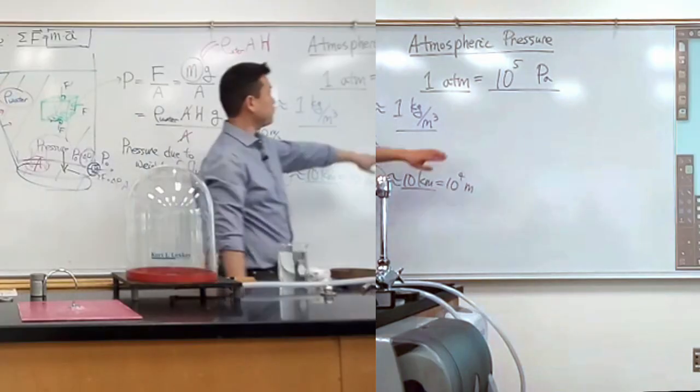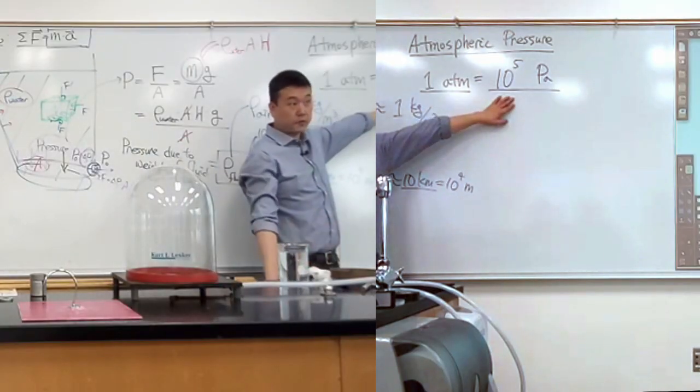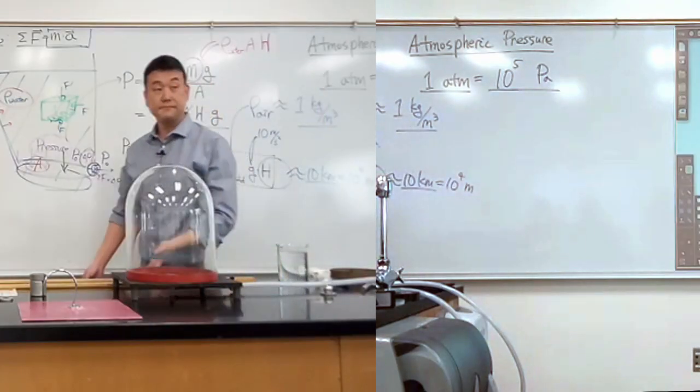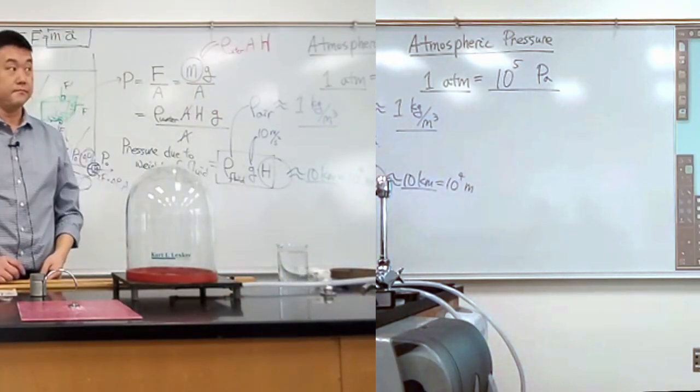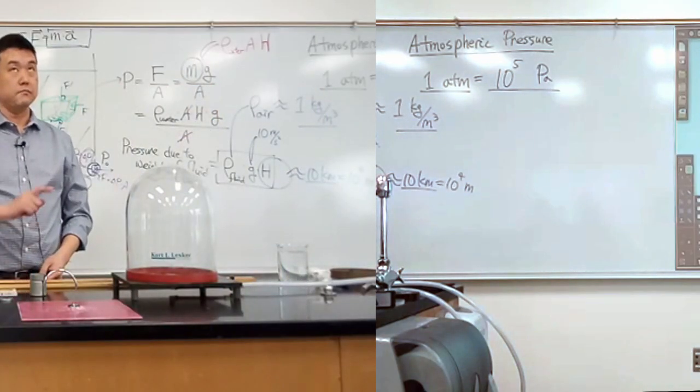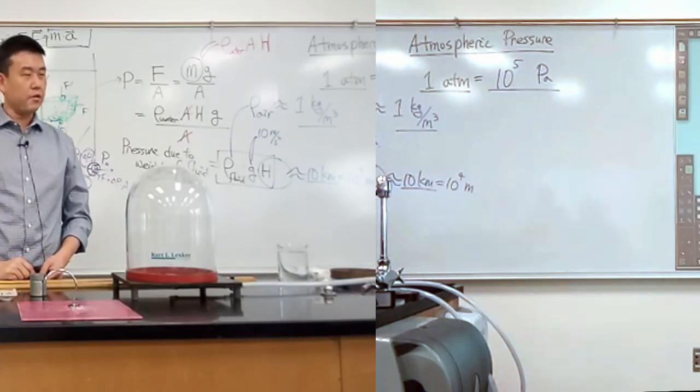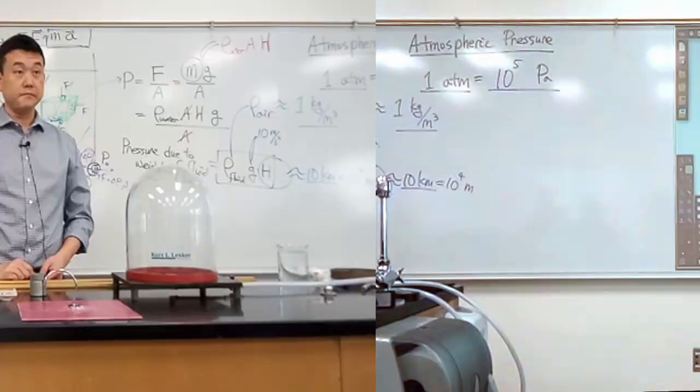Multiply that area by this pressure, then you'll get the force. What's 10 to the 5 divided by 20? So 10 to the 4 divided by 2. So 5 times 10 to the 3, 5,000 newtons. Is that a small amount of force or a large amount of force?